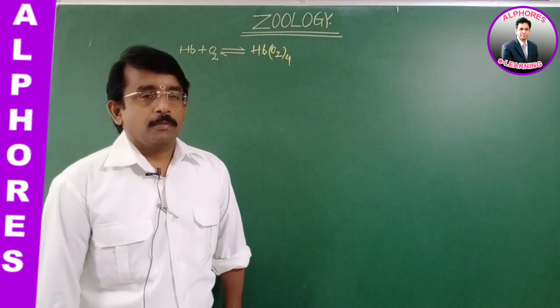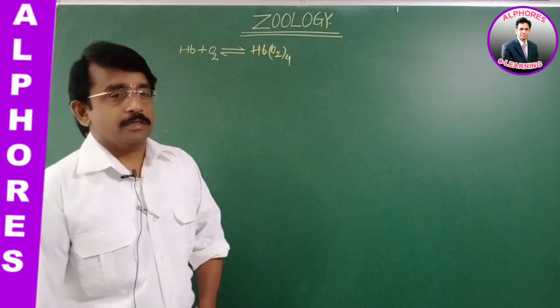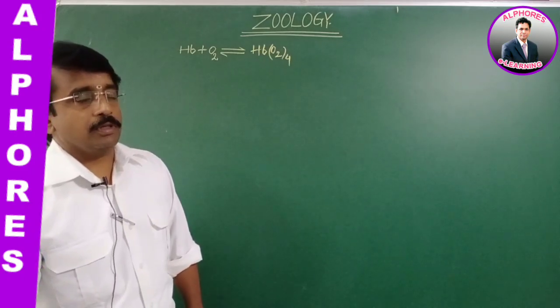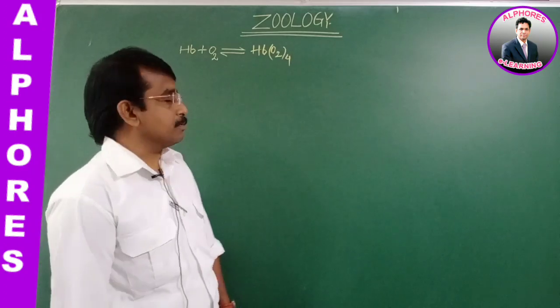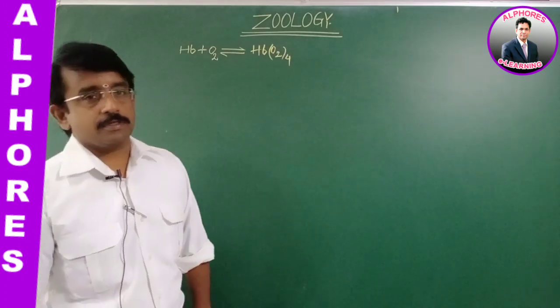So, how oxygen is transported and in what way it takes place, we have seen. As it is, the transport of both O2 and CO2 is very important. So let's quickly go over what we have discussed earlier.